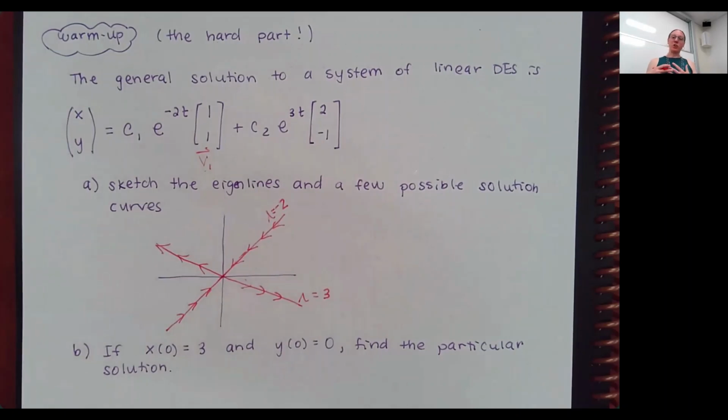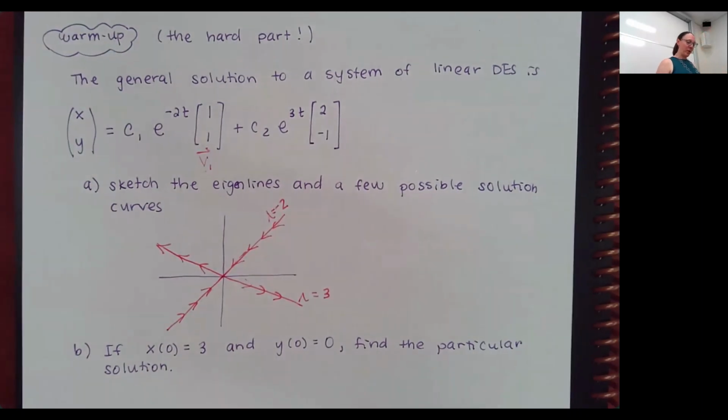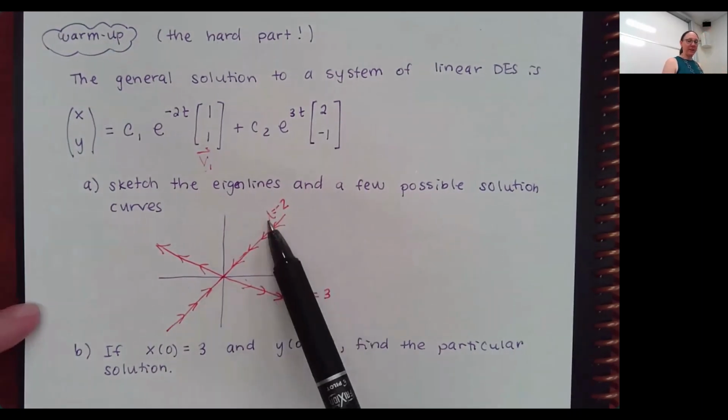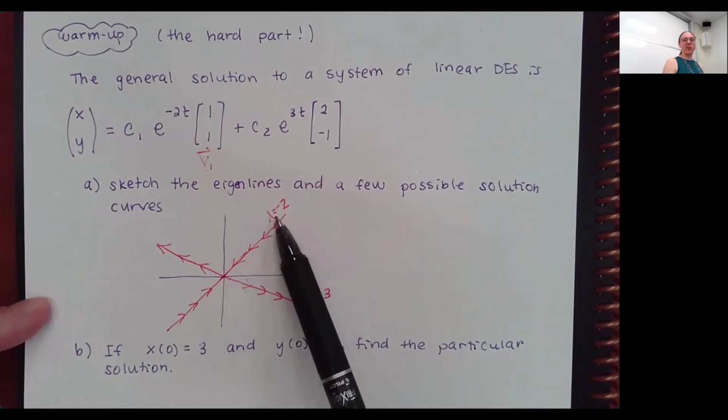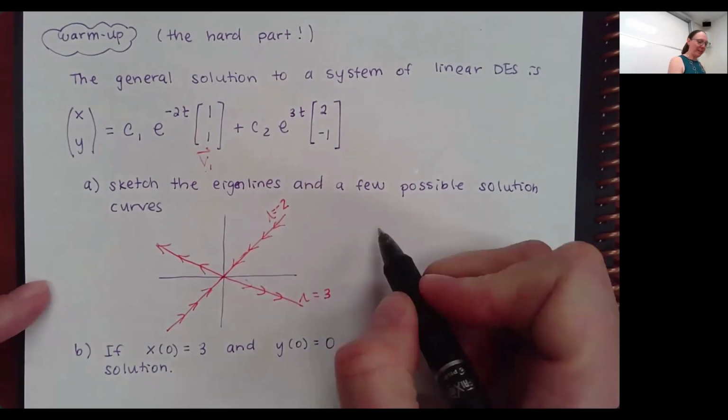So that's what my solution curves look like if I actually start exactly on one of the eigenlines. Everywhere else, I'm going to be influenced by both of the eigenlines. For this particular one, because I have one positive eigenvalue and one negative eigenvalue, I know that the equilibrium is a saddle.